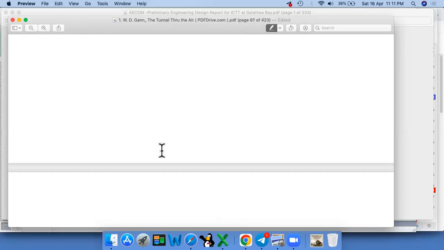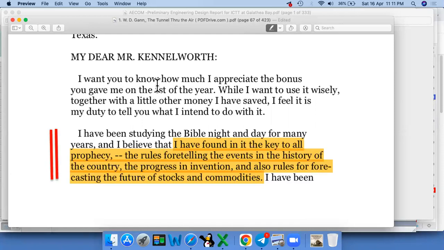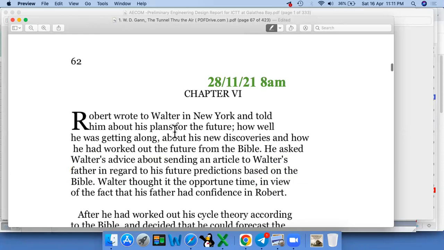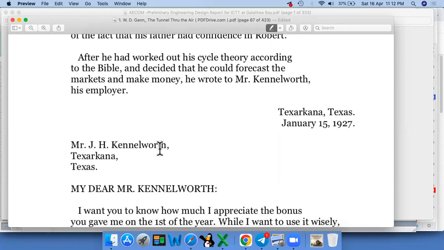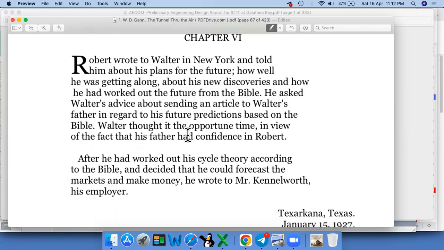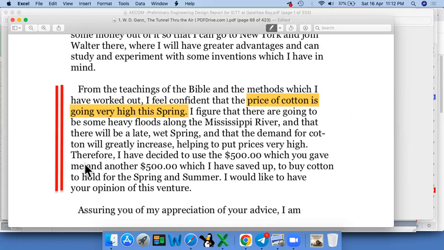His school friend is Walter, and Walter's father is Mr. Kellinworth. So Robert, Walter, and Walter's father Mr. Kellinworth are three important people in the book.